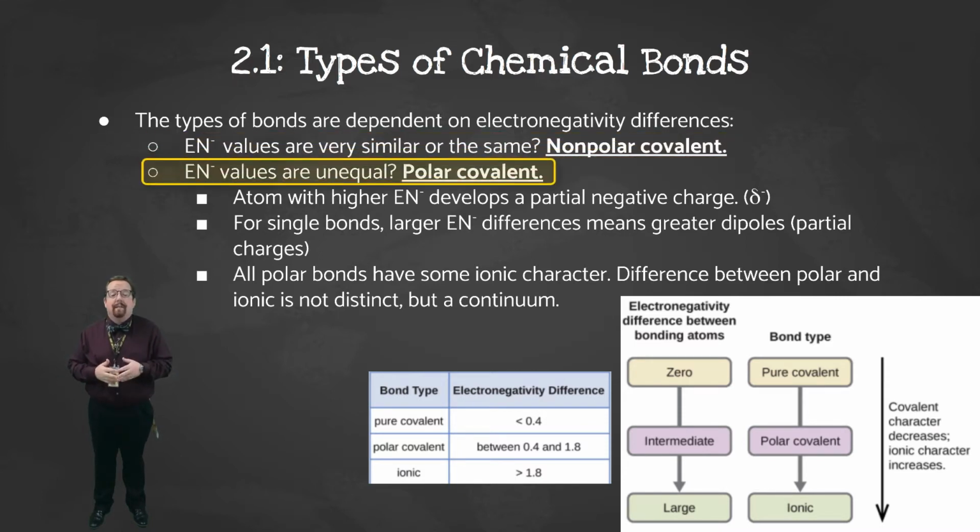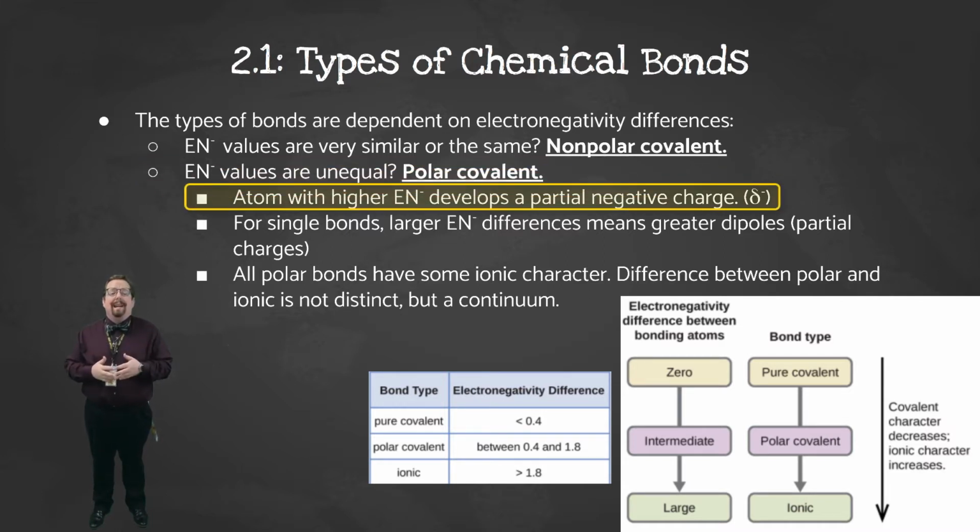If the electronegativity values are not similar, that's considered a polar covalent bond. Whichever atom has a higher electronegativity value will pull the negative electrons closer to it and develop a partial negative charge, symbolized by the lowercase Greek letter delta with a minus sign as a superscript on it.